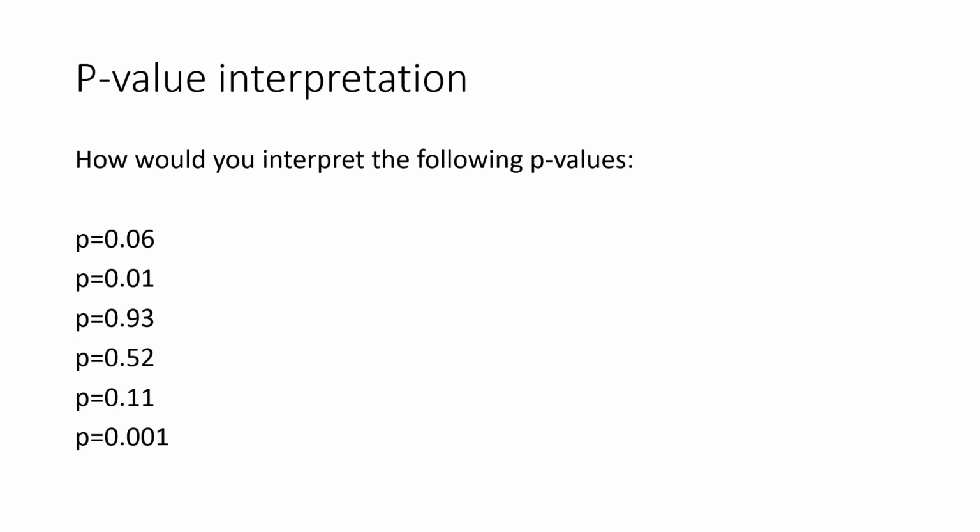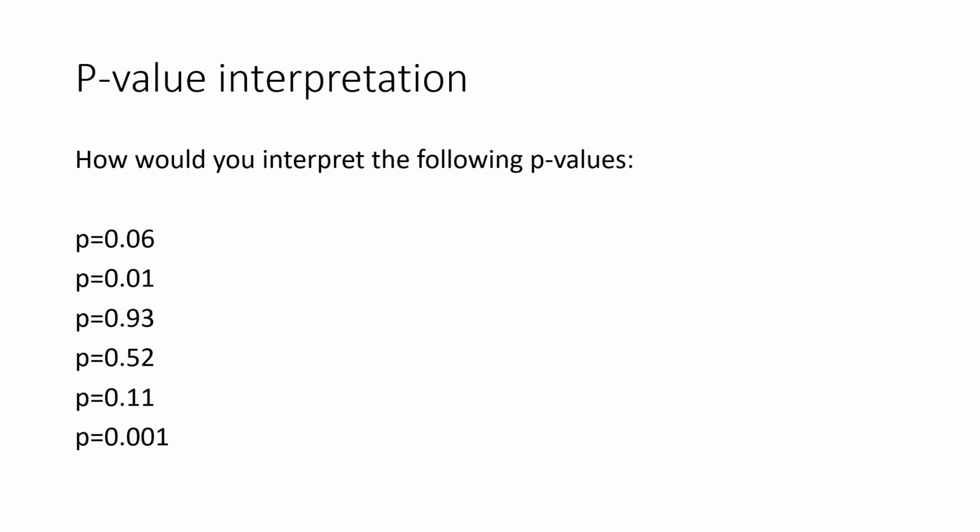Next one is 0.52. So this would be an indication that this result is not statistically significant, that it is not generalizable, that there's a 52% chance of making an error if we were to generalize. Next one is 0.11. So again, this would be a result that is not statistically significant and therefore not generalizable, and that there would be an 11% chance of making an error if we were to extrapolate from our sample to our population.